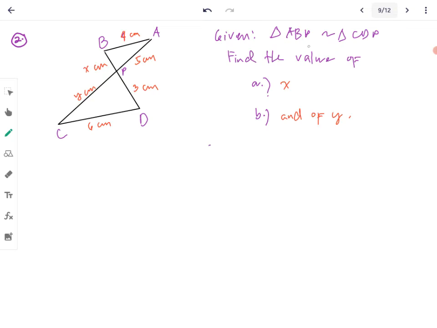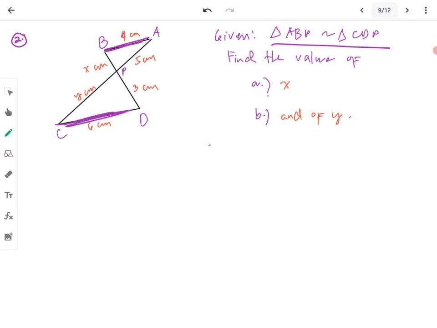Given that triangle ABP is similar to triangle CDP, find the value of X and of Y. It's given already that they are similar. In setting up our ratios, let's look for the available measures like AB and CD.